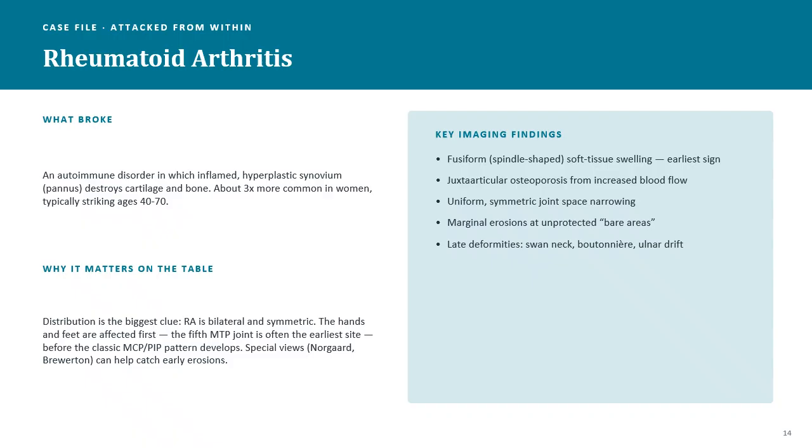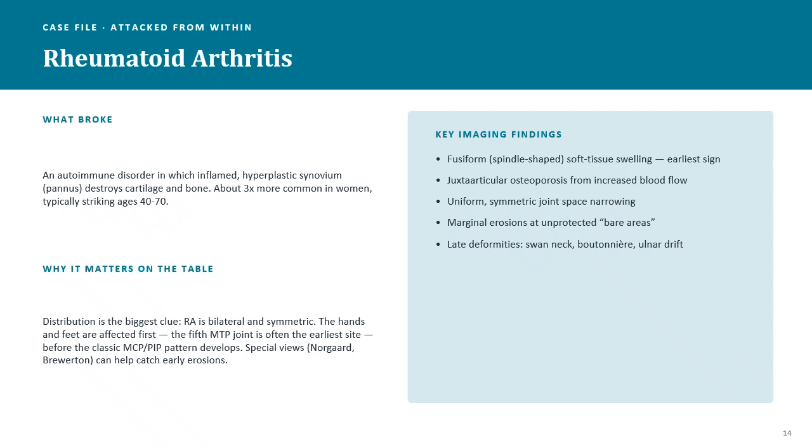Now, the distribution is one of the strongest clues when it comes to rheumatoid arthritis. Typically, it's going to affect joints on both sides of the body in a symmetric pattern. The hands and the feet are among the most common areas affected early on.